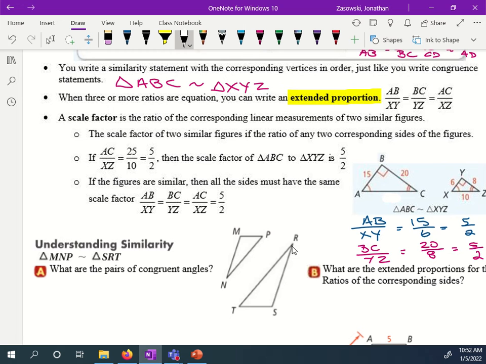Well, I could just create a proportion and solve using that proportion. So I could say 15 over 6 is equal to AC over XZ, which is 10. And then how do we solve an equation that looks like this? You just cross multiply. That's it. That's all we're doing today.